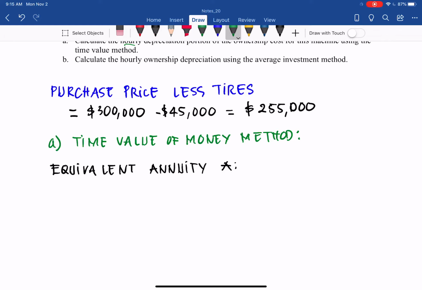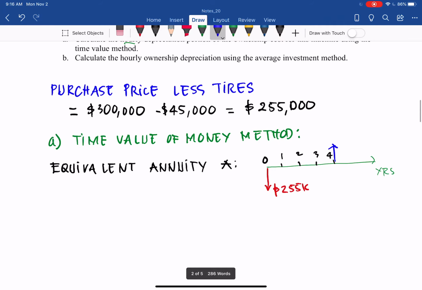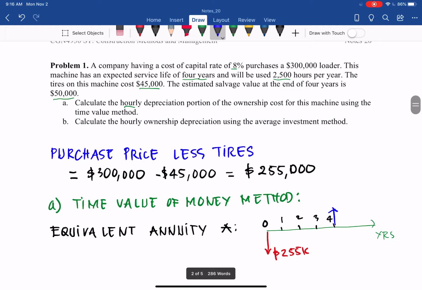So let's draw the cash flow out. You have years here, so at the beginning we put down the cost, 255,000, and at the end of year 4, 1, 2, 3, 4, because the service life of this machine is 4 years, you can resell this machine for $50,000.